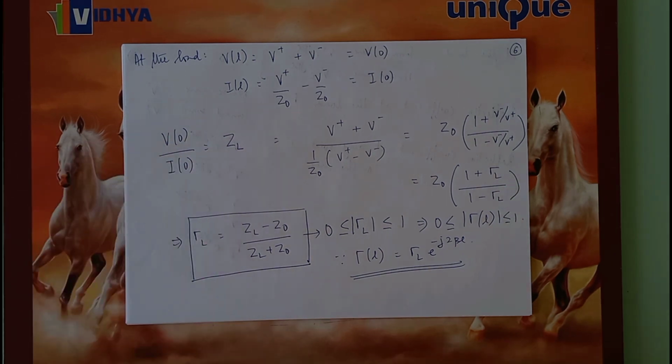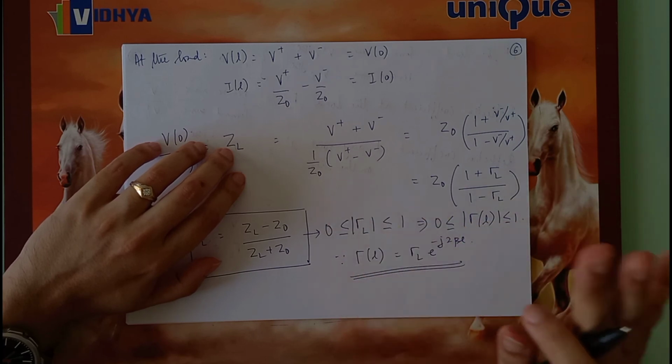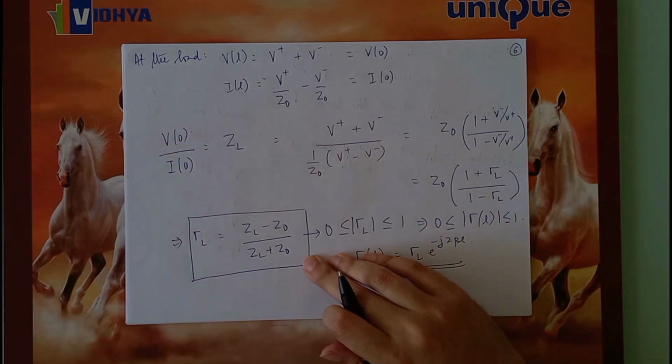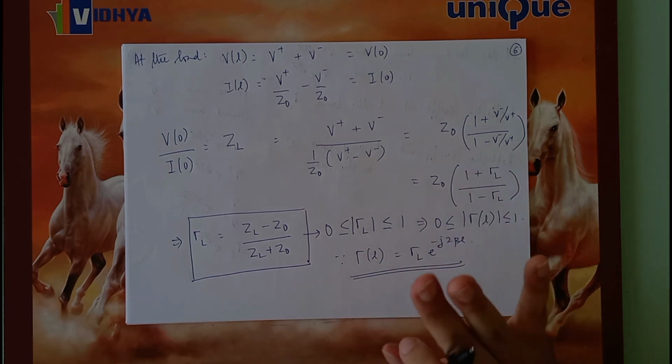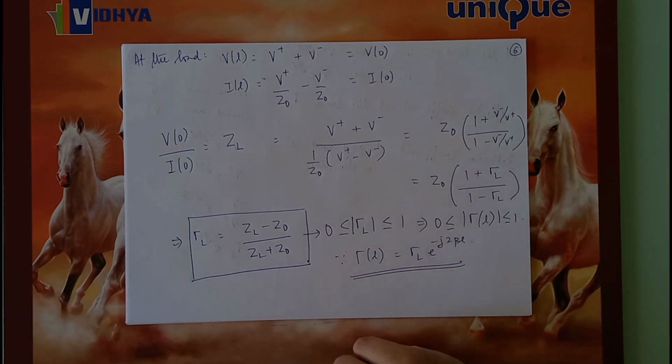So this is something we know, that the reflection coefficient in magnitude can never exceed unity. At the most it can be unity, but never beyond that.